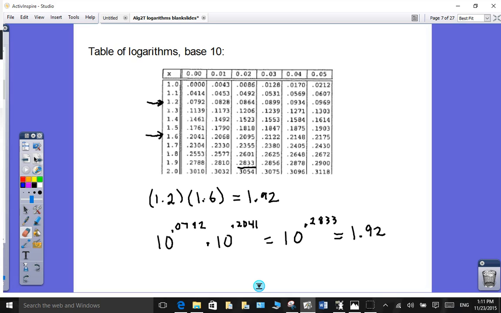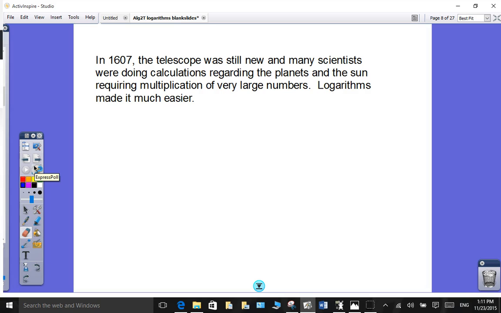That's how logarithms were used to turn multiplication into addition. When I was your age, in the back of your math book, you had tables of logarithms, pages and pages of them, so that you could actually do this stuff.